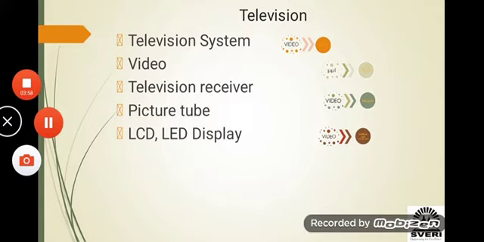When those electromagnetic waves travel through air, they will be received by the receiving antenna at every individual's house, and then a similar reverse process will take place, and we will be able to see the scene, or the video which was captured earlier at the remote location, on our television set in the form of display.